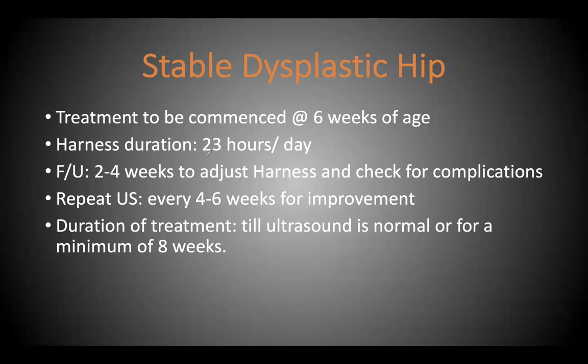Then the harness should be worn for at least 23 hours throughout the day. You can allow the parents to take off the harness for hygiene purposes, for bathing, etc. Clinical follow-up should be every 2 to 4 weeks to adjust the harness and to check for complications. And the ultrasound can be repeated every 4 to 6 weeks to document improvement. So the treatment will last till the ultrasound is normal or for a minimum of 8 weeks.